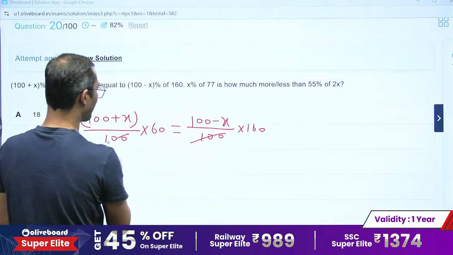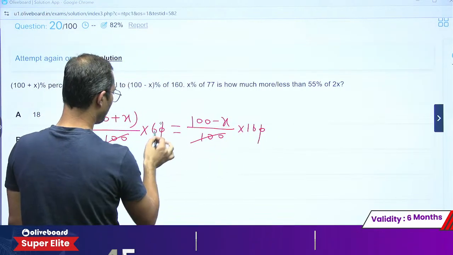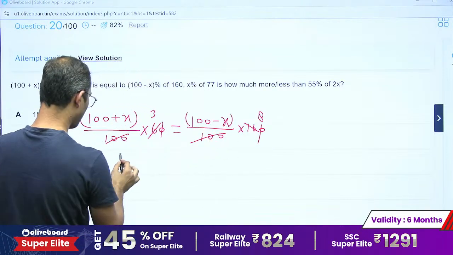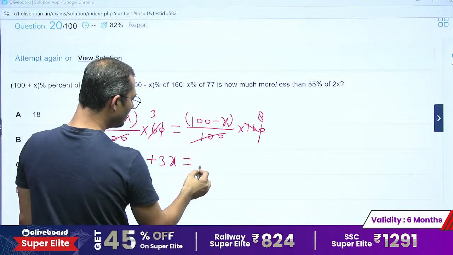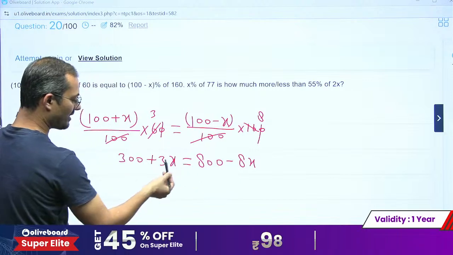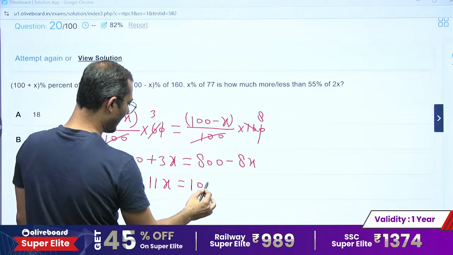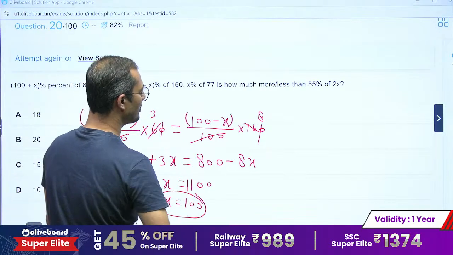See, 100 cancel, right? So 0 cancel, by 2, 3 times, by 2, 8 times, right? So we can say that 300 plus 3x is equal to 800 minus 8x, right? So taking 8x to the left side, here we will get 11x is equal to 1100, right? So x is equal to 100. So we got x is equal to 100.